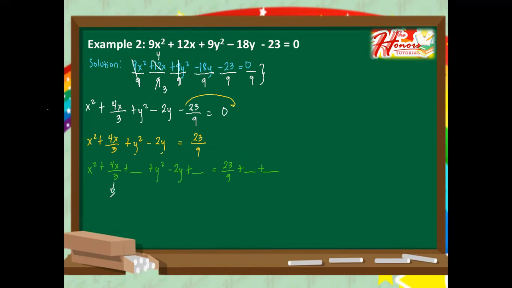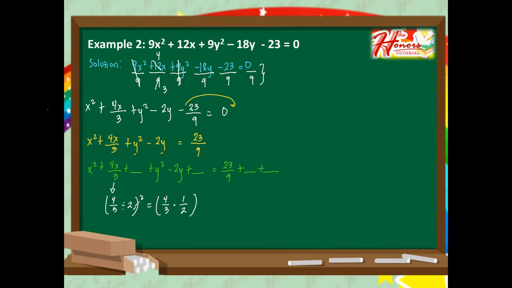So now what we are going to do is take 4 over 3, divide it by 2, and square it. In this process, I will show you the whole process of it. It will become 4 over 3 times, you have to change this operation to multiplication, and then get the reciprocal of 2. And that is 1/2, right? Why is it 1/2?